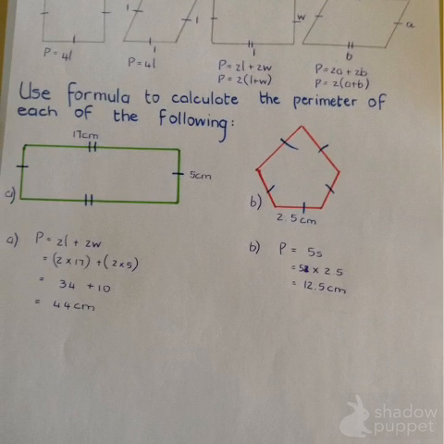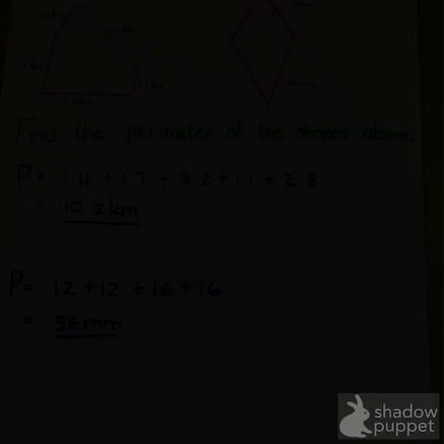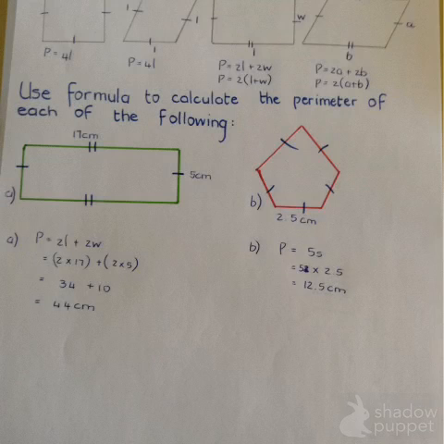Okay, so if we had a question which said, use each formula to calculate the perimeter of each of the following. So you've got 17 centimeters there, and you've got a double line there and a double, which means that this is also 17 centimeters, and that's 5, so that's 5.